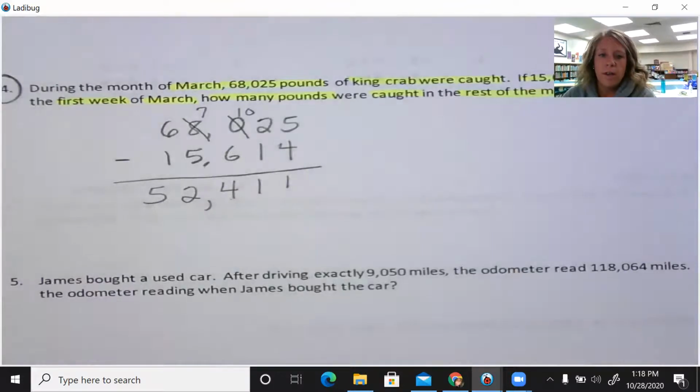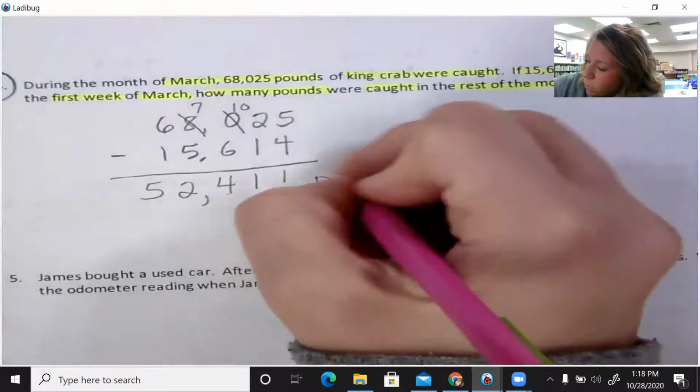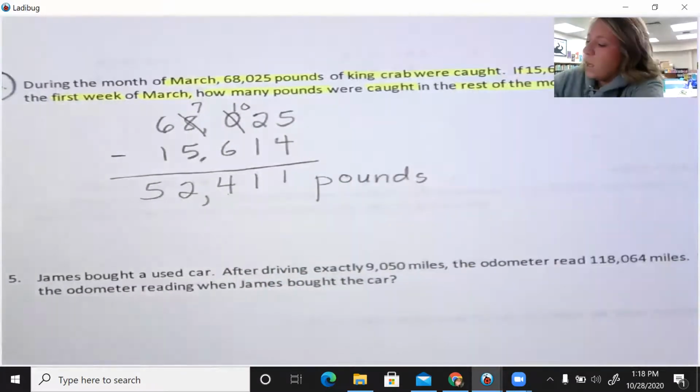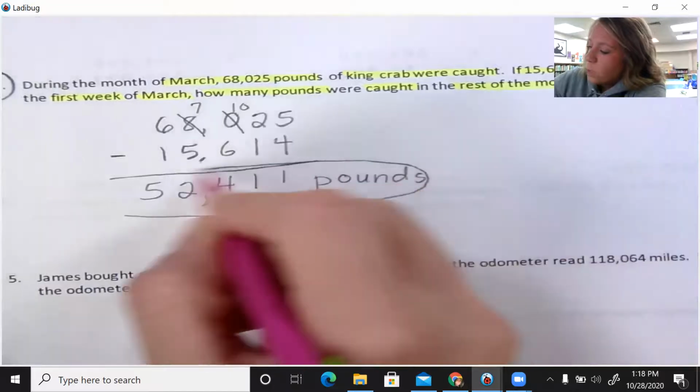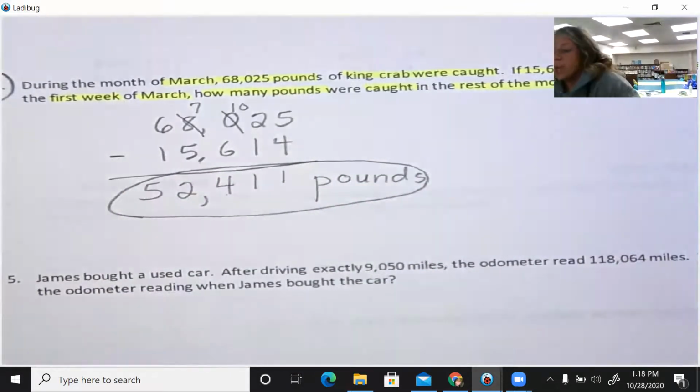Does this answer have a unit? Yes. Pounds of king crab. Pounds. You could put pounds, or you can continue and put pounds of king crab. Either one works. And then remember, you always want to go back and make sure your answer makes sense.